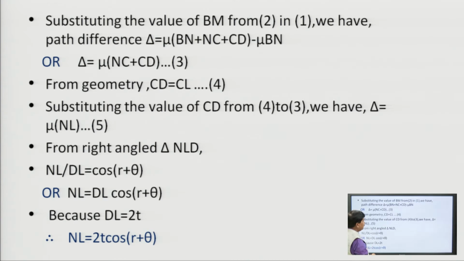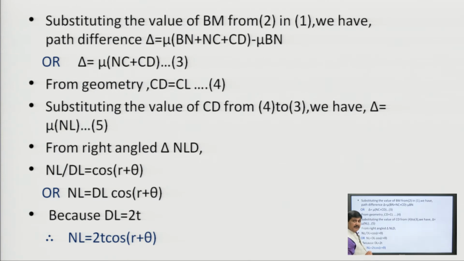Substituting the value of CD from 4 into 2, our path difference will become NC plus CL, that is NL. So, the net path difference will become mu NL. Now, we have to find the value of NL from right angle triangle NLD.